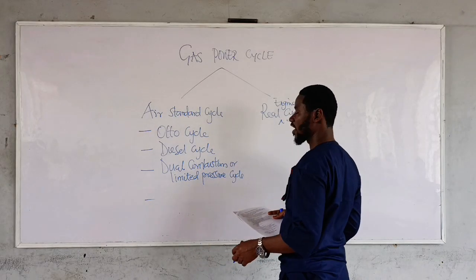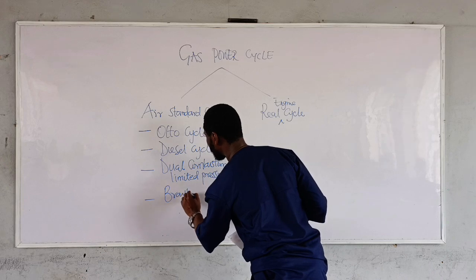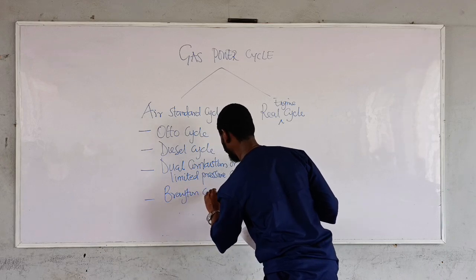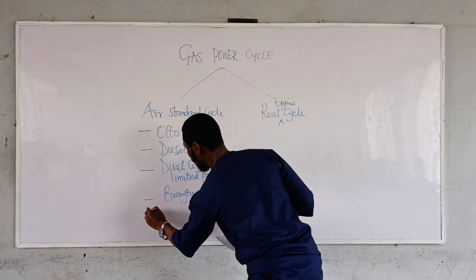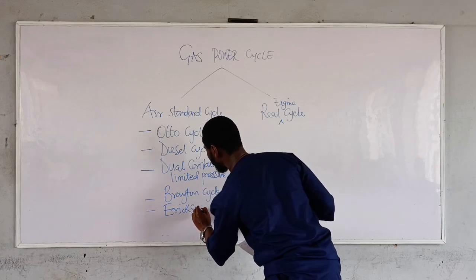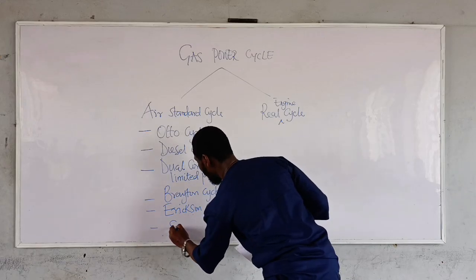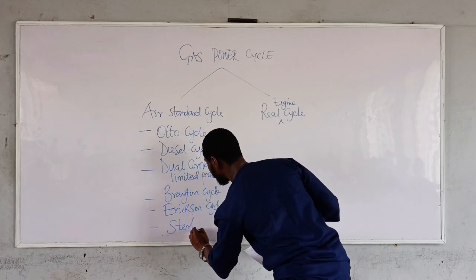The next one is the Brayton cycle. We have the Ericsson cycle. And lastly, we have the Stirling cycle.